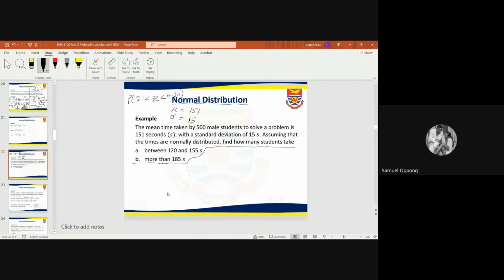Sir, I think my network was messing up, so I didn't understand why you took 155.5. I say we want values that are between 120 and 155.